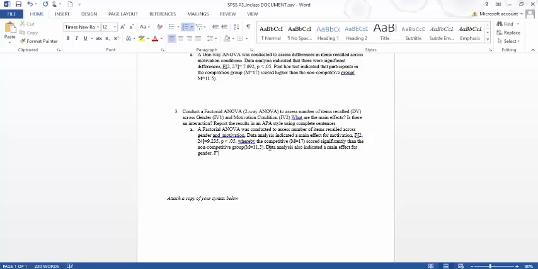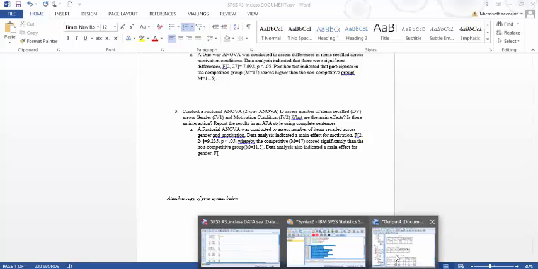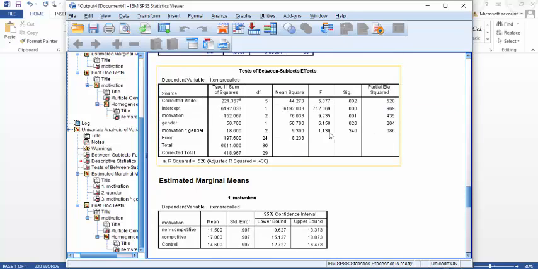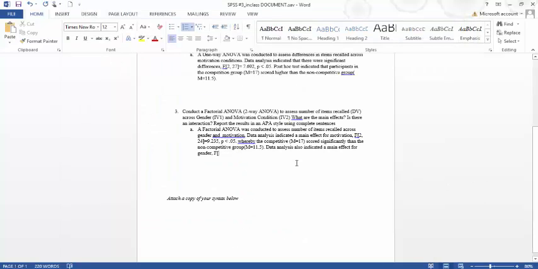For F, brackets, since we only have two groups here, our degrees of freedom should only be 1. Yep. Our F value was 6.158. And our degrees of freedom error is still 24.